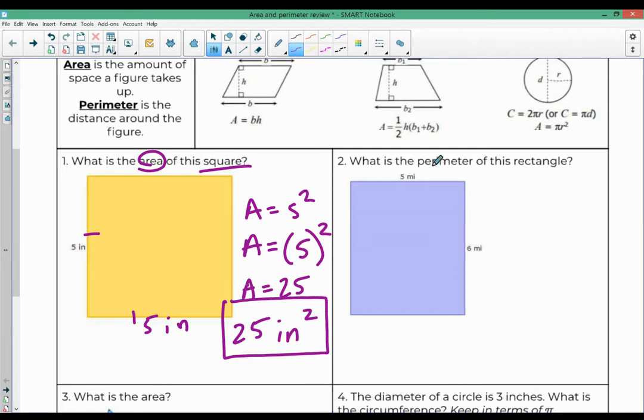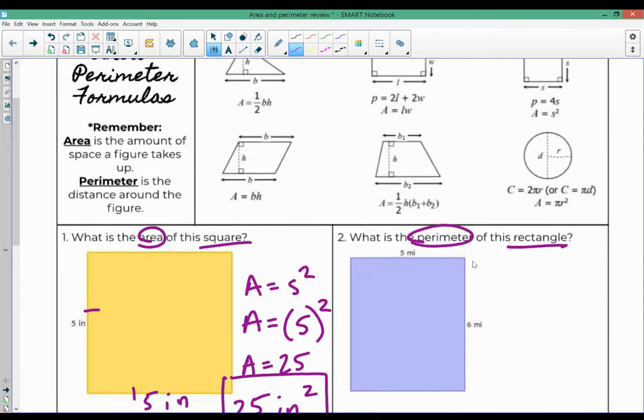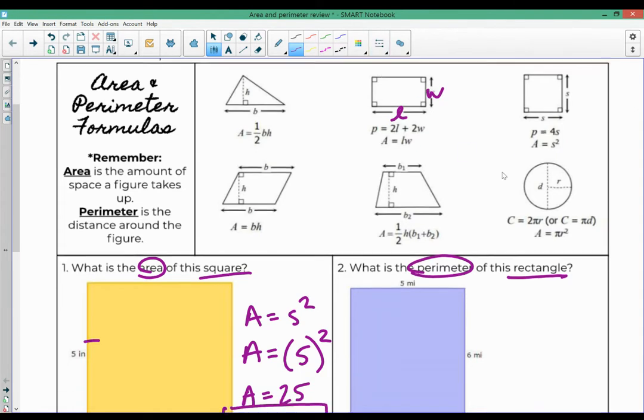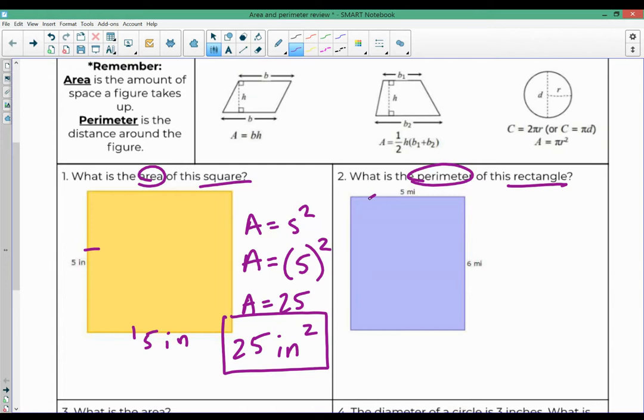Now for this, what is the perimeter of this rectangle? So perimeter, 2 length plus 2 width, where this is the length and that's the width. So let's identify that. So this is the length, this is the width. So the perimeter is 2L plus 2W.